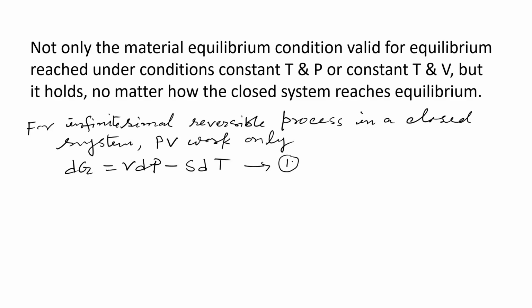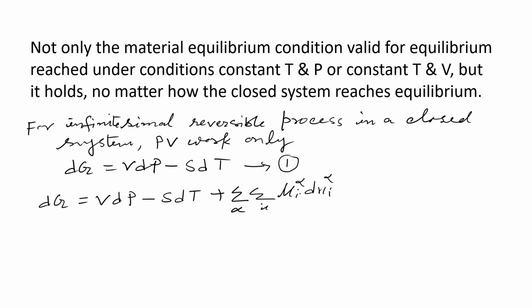Right. Now, just now I have derived the key equation for a thermodynamic system. That was dG is equal to V dP minus S dT plus the summation over alpha, summation over i, of mu i alpha dn i alpha.